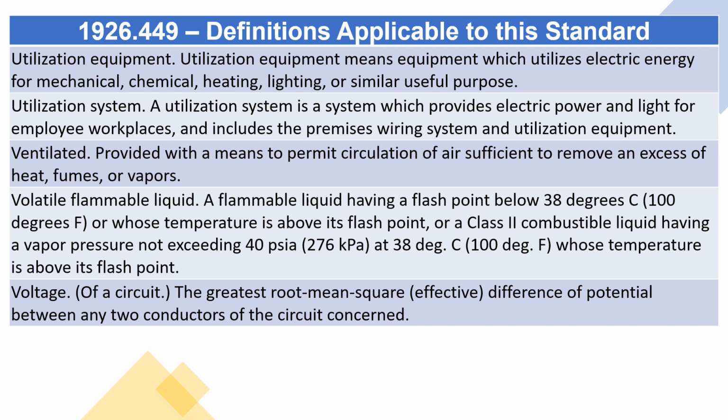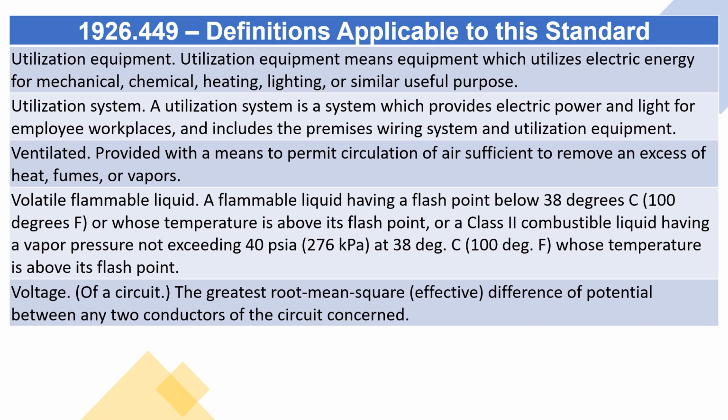Volatile flammable liquid. A flammable liquid having a flash point below 38 degrees Celsius, 100 degrees Fahrenheit, or whose temperature is above its flash point, or a Class II combustible liquid having a vapor pressure not exceeding 40 psi, 276 kilopascals, at 38 degrees C, 100 degrees F, whose temperature is above its flash point.